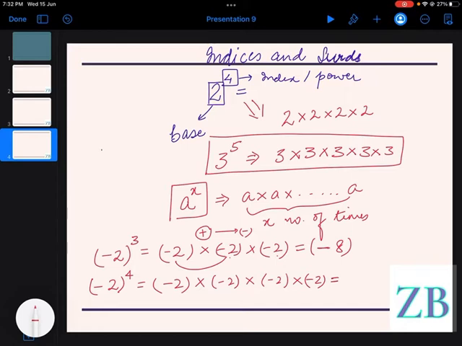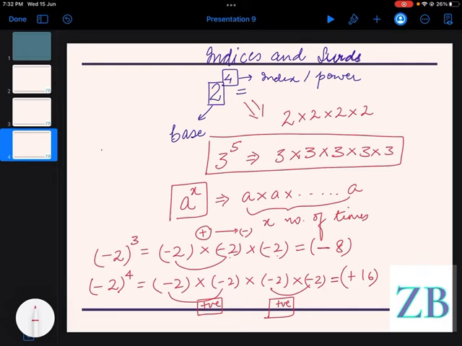Similarly, negative times negative is positive and negative times negative is positive again, so positive times positive is positive, so the answer will be positive, and 2 times 2 times 2 times 2 is 16, so the answer is positive 16.